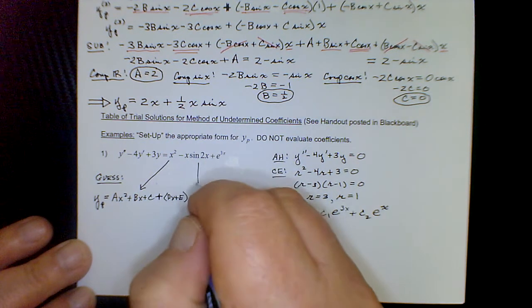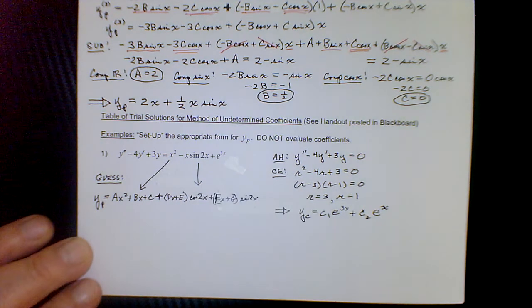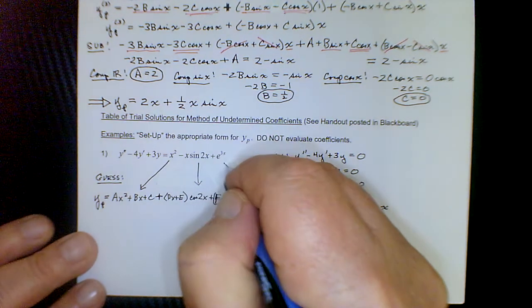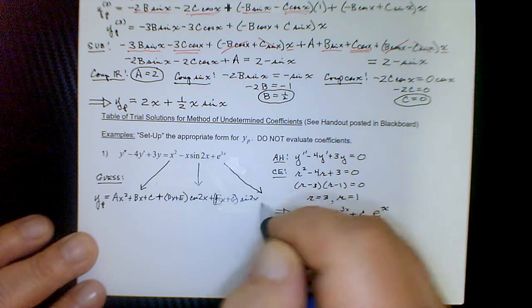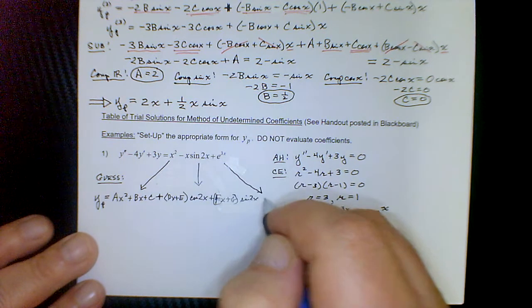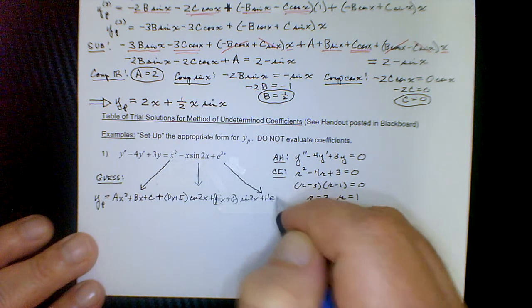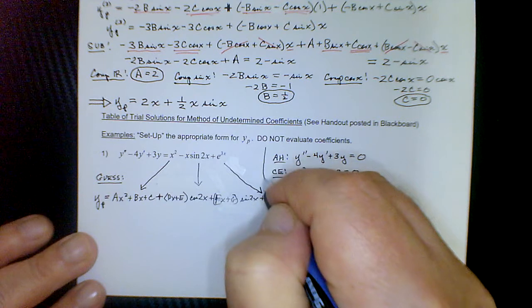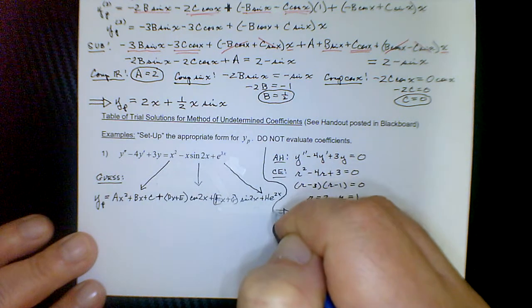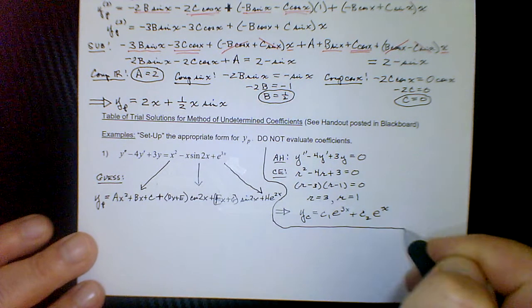And those would account for that term. And then finally, for the e to the 2x, all we need is, let's see, I left off with g, so let's call it h e to the 2x. Okay, I'm sorry for running into this here. I'll kind of try to isolate that.